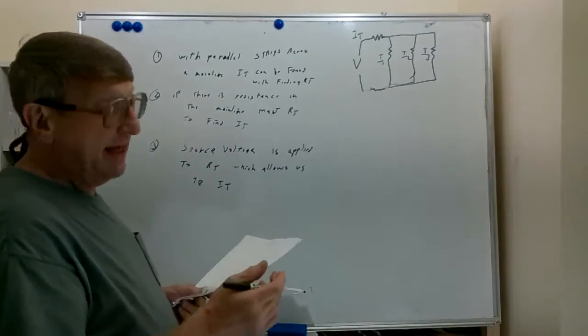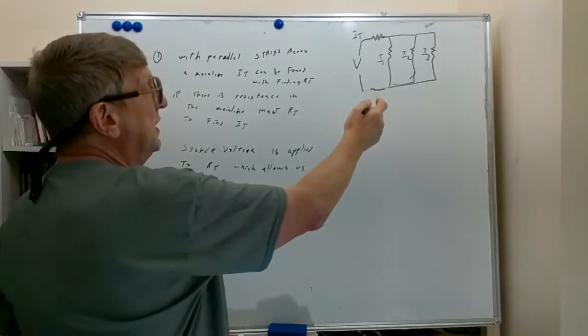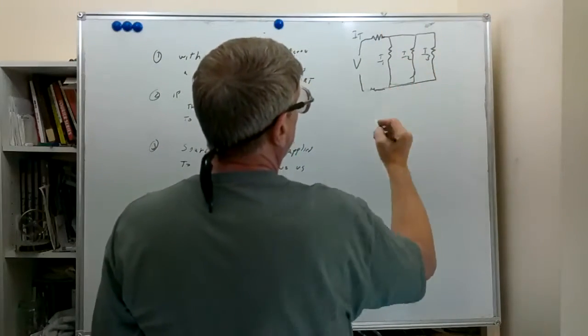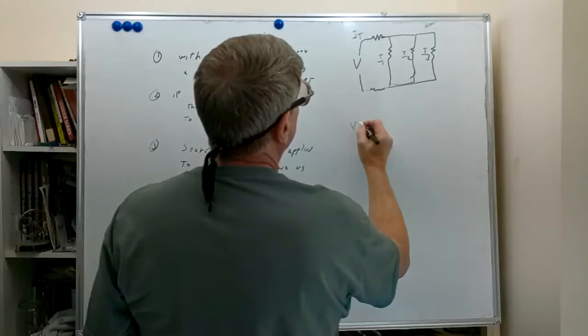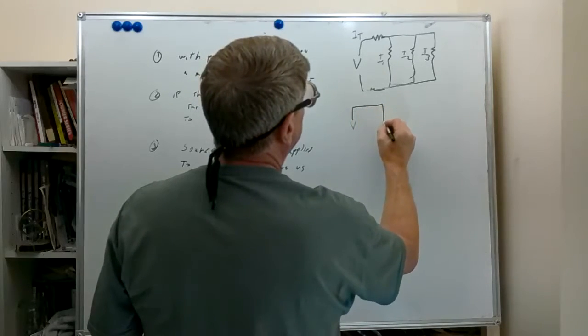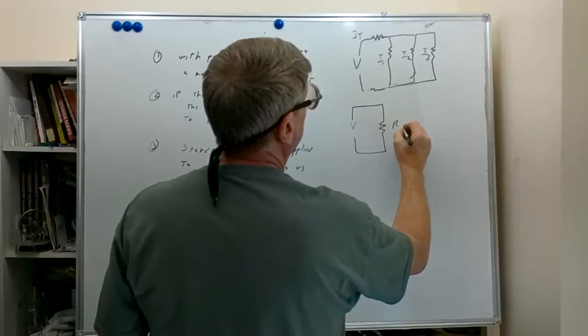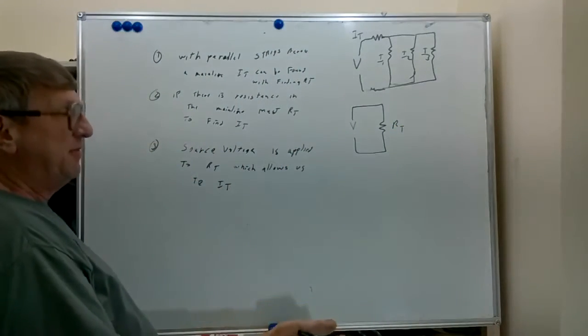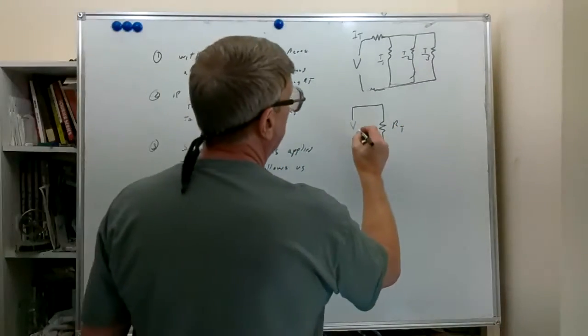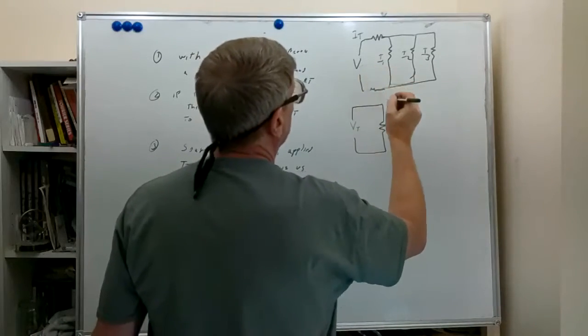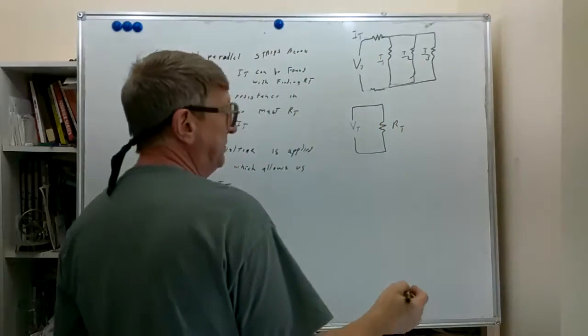And what we did in that last example, which you do with this one, we reduced this whole network to a single resistor. Then we had a voltage source and a total resistance of RT, and from that we were able to calculate IT, which was, I'm going to call it voltage total, voltage applied, whatever.